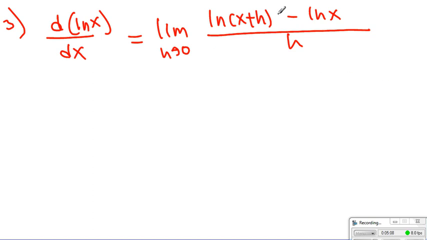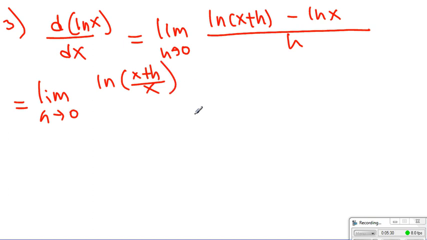Once we have put this in, we realize that we can use the properties of logarithms: subtraction implies division, so we will end up having the limit as h approaches 0 of ln of (x plus h over x), the entire thing divided by h.